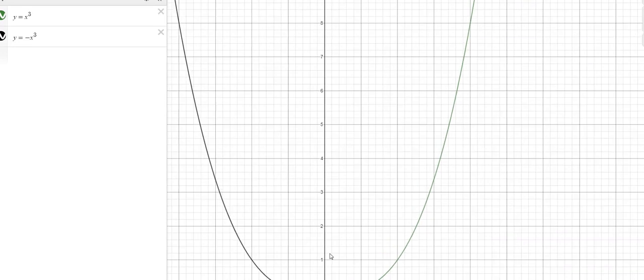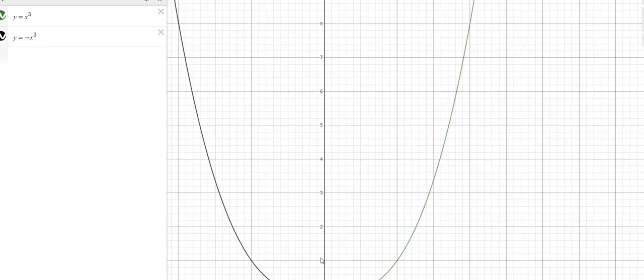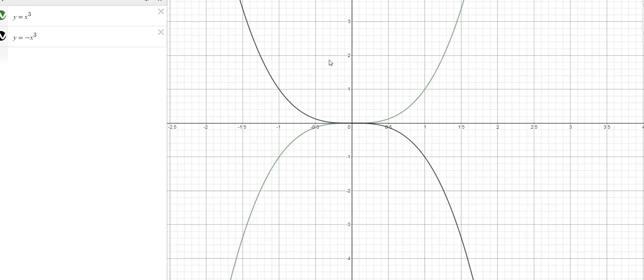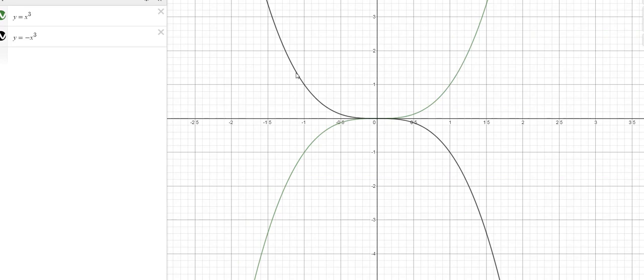And so still negative x cubed. So you have a reflection across the y-axis as well, and you'll note that here with this portion of negative x cubed is reflected from x cubed across the x-axis.